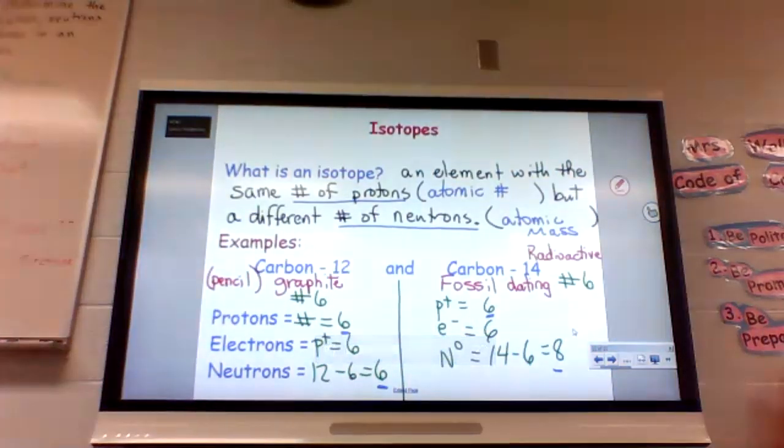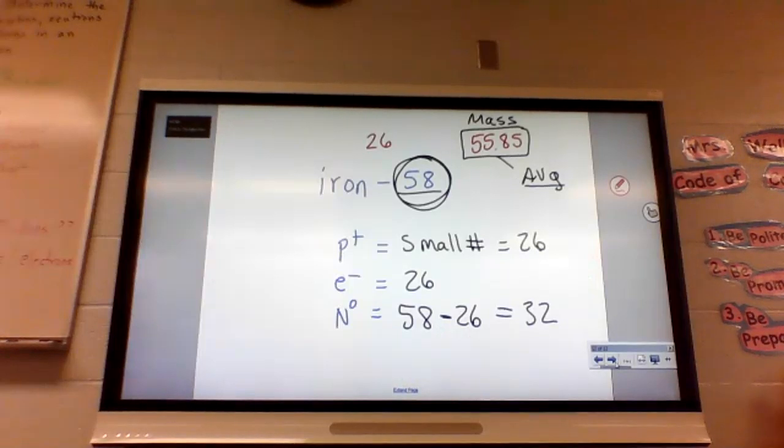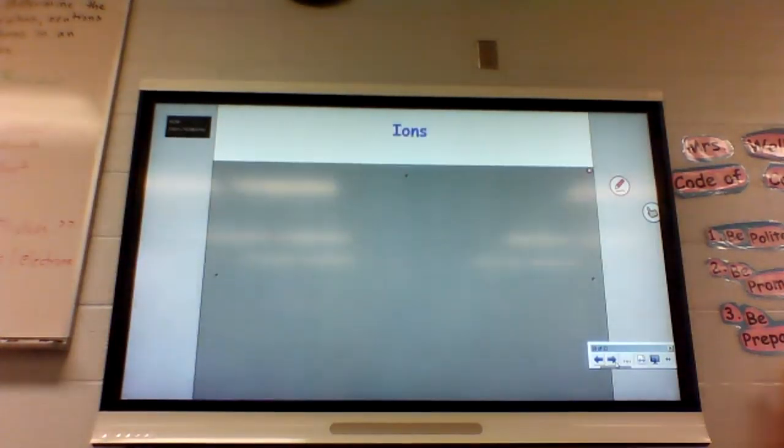Now we got to learn about ions. That is the vast majority of the quiz. I can't remember if it's the bottom 3 rows or the bottom 4 rows of the quiz tomorrow that is ions. They're still laid out in a chart format just like this, except that it's ions. So we got to talk about how to do those rows. So, what is an ion?